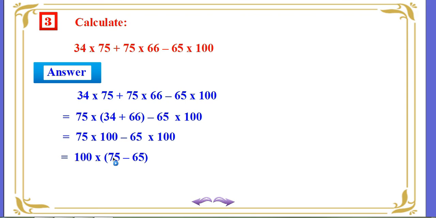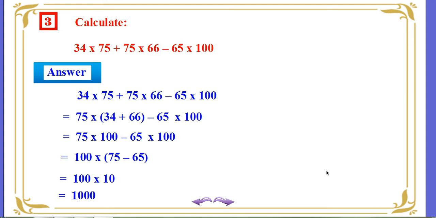Here we see the problem is easy and compact, and the result of the calculation is 100 multiplied by 10, and you have the result 1000. We finish solving exercise 3.